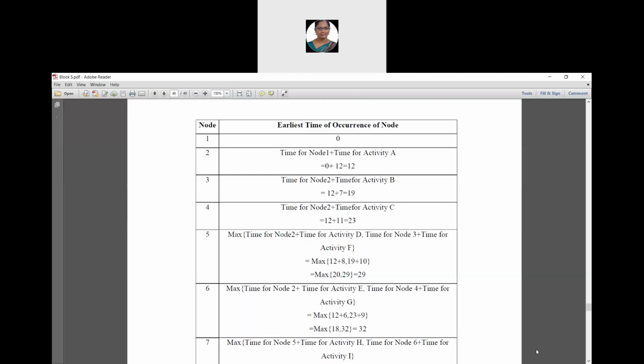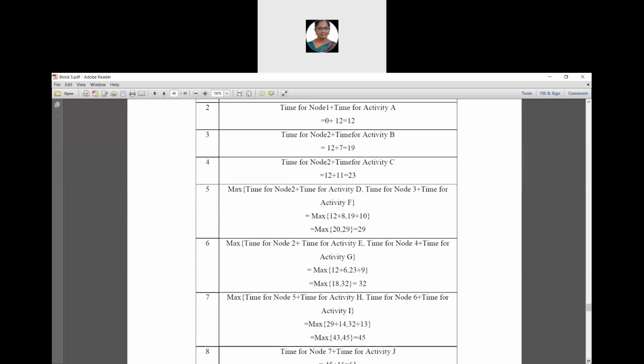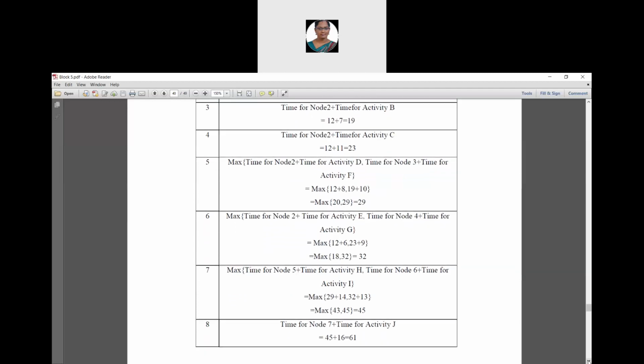Then for node 4, earliest start value for node 2 is 12 plus time duration for activity C is 11. So 12 plus 11 is 23. Then for node 5, we have to find the maximum because it is a forward pass, right?